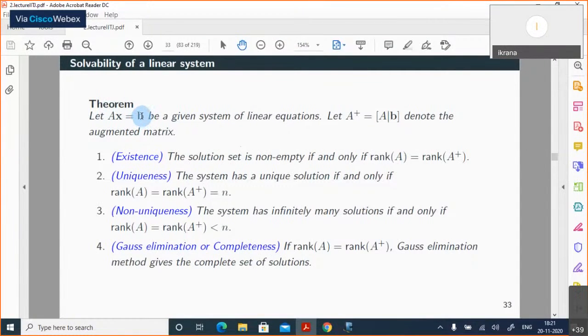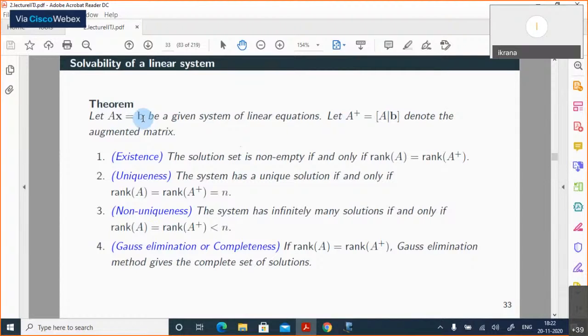So that's what is given. Let us construct this by adding the column B as a new column to A. So augment it. To A, add one more column B, which is the coefficients on the right hand side of the system of linear equations.